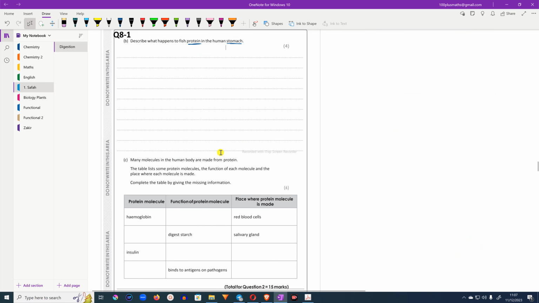So you can see it's just repetition. So what happens is the stomach contains hydrochloric acid. So look, I've used the chemical formula for the hydrochloric acid, and you should know this for chemistry anyway.